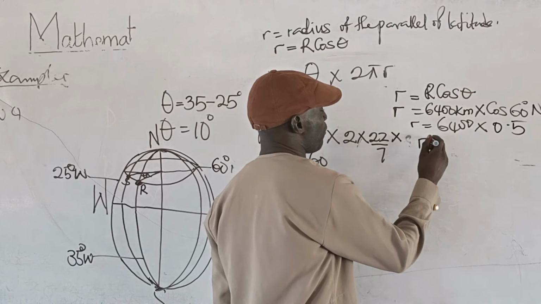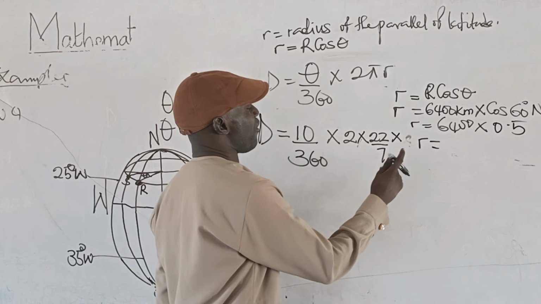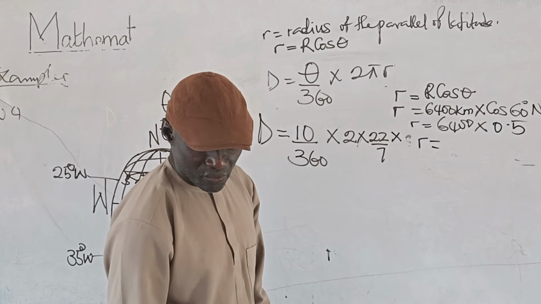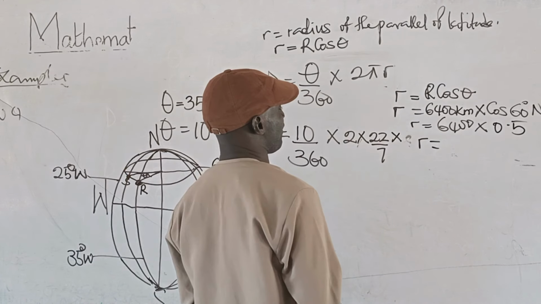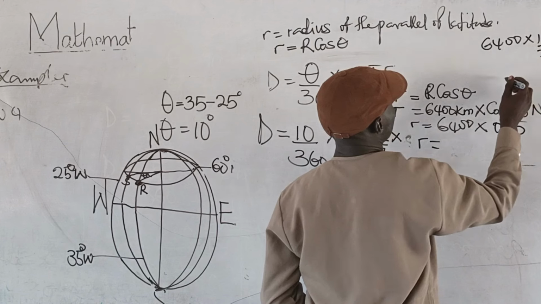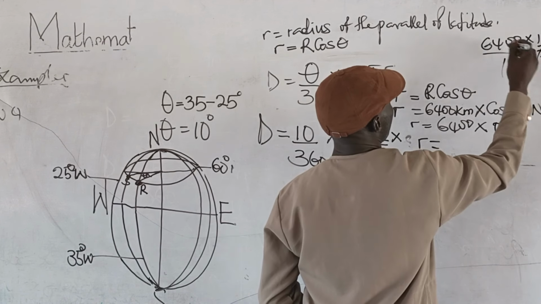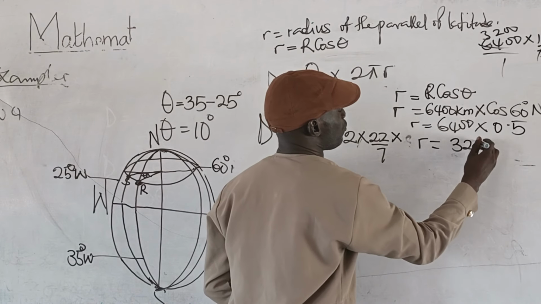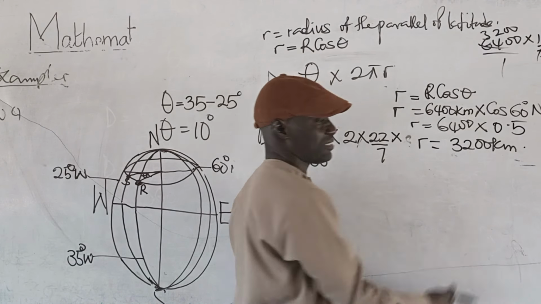So by the time you multiply 6,400 times 0.5, can you tell me what we have? Just like 6,400 times half. So 2 here, 1; 2 here, 3; 200. So our answer is 3,200 kilometers.